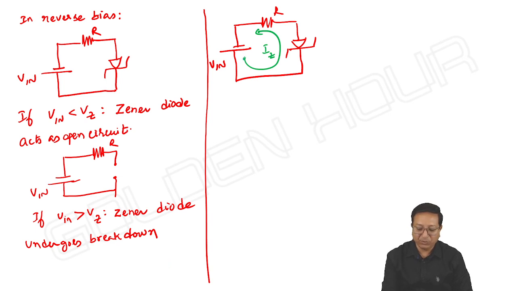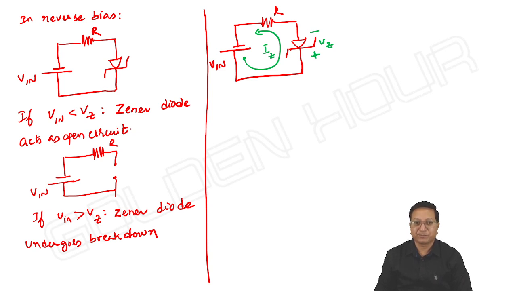Current always flows from the positive to the negative terminal of the supply. We are well aware of it. And what about the voltage across the Zener diode? It is negative Vz from anode to cathode, whereas if you see from cathode to anode, it is positive. So the voltage across the Zener diode is Vz from cathode to anode, and the current direction is always positive to negative terminal, so Iz is flowing from cathode to anode.